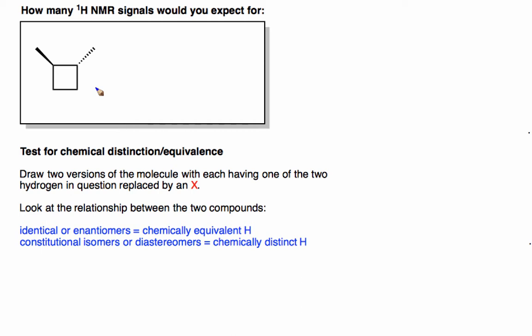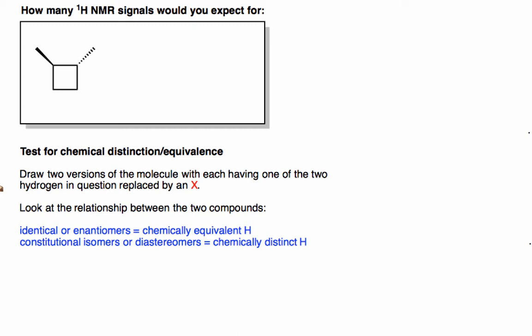So what we're going to use is a test for chemical distinction or equivalence. The way this works, we'll draw two versions of the molecule, and each will have one of the two hydrogens in question replaced with an X group. And then we're going to look at the relationship between those two compounds.